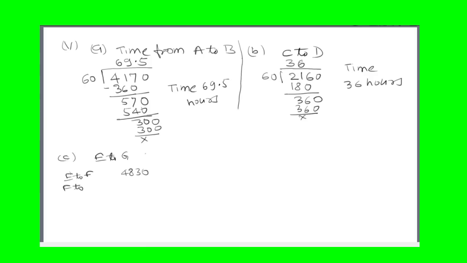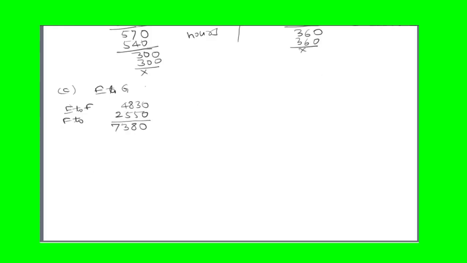F to G is 2,550 kilometer. The total distance is 7,380 kilometer.